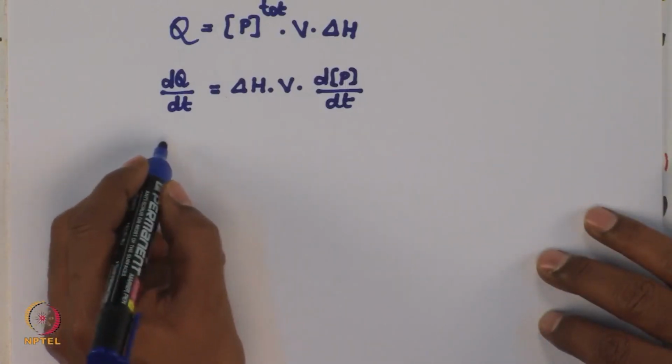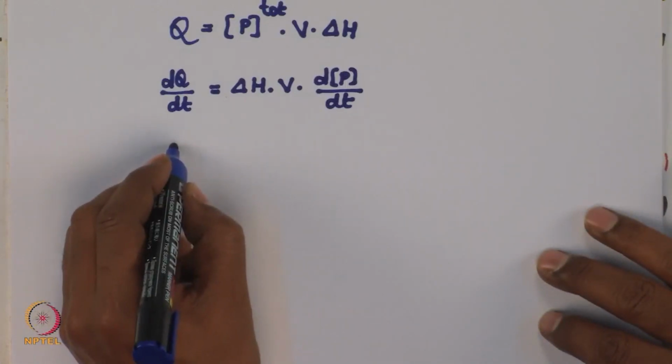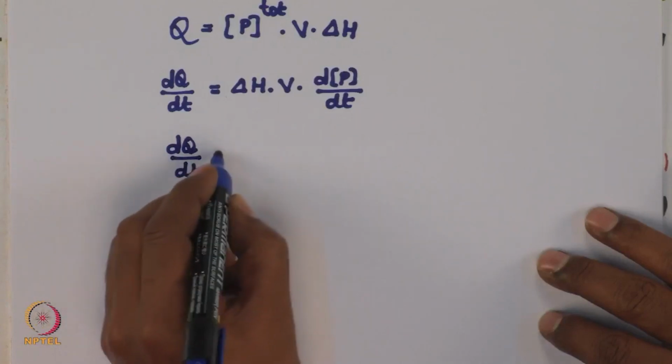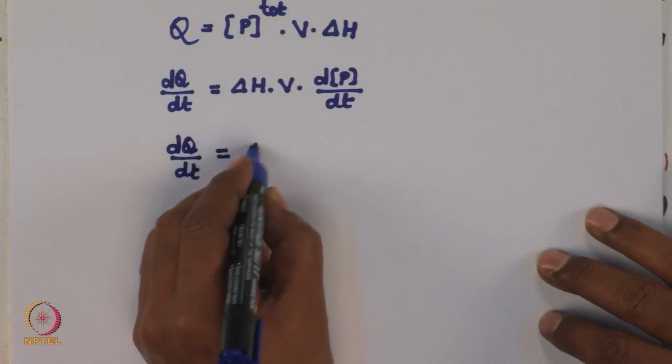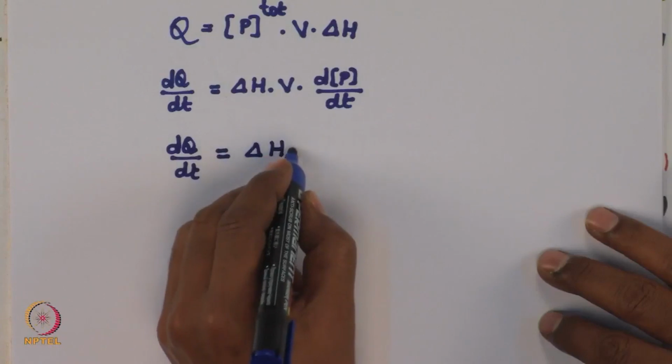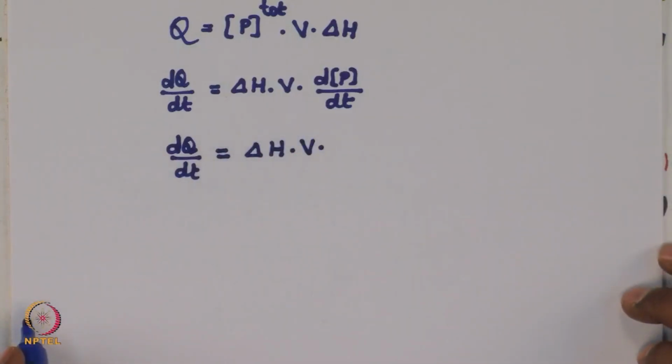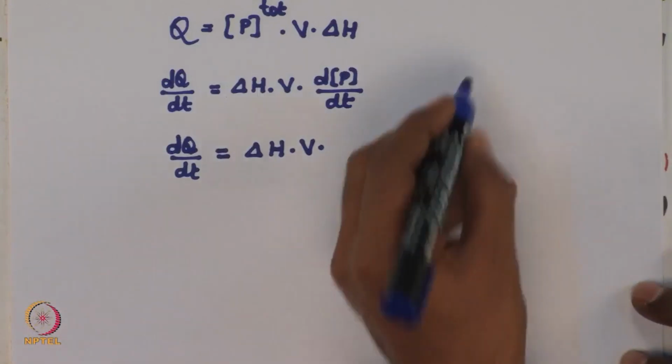So, now if I go further and connect this, dq by dt will be equal to delta H into volume into dp by dt, is equal to, what is dp by dt equal to?